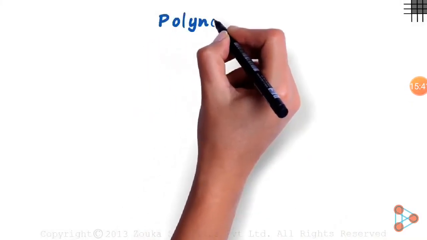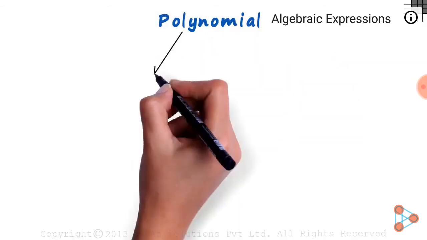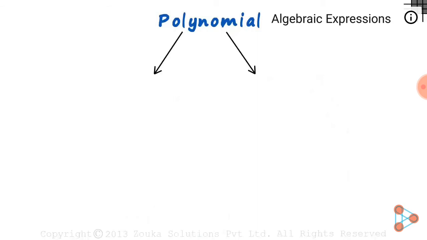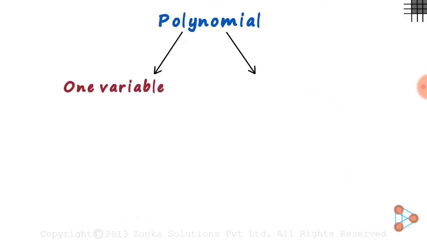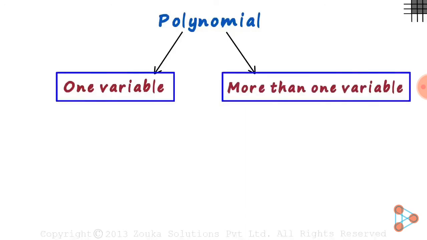We will look at an extremely important concept related to polynomials. Think about it. There can actually be just two broad categories of polynomials. The first category has just one variable, and the second one has more than one variable. That's it. These are the only two possibilities.